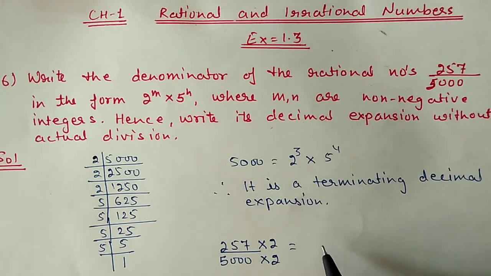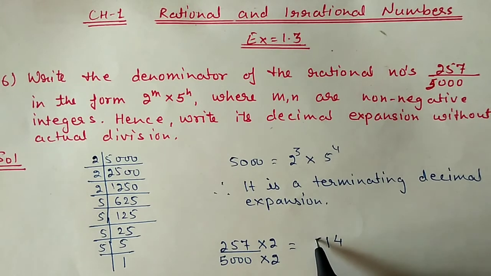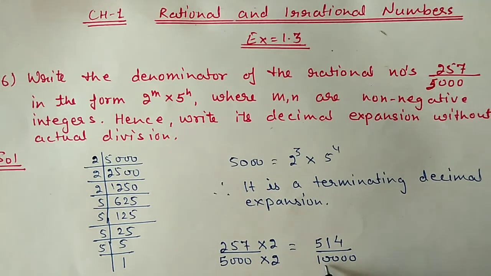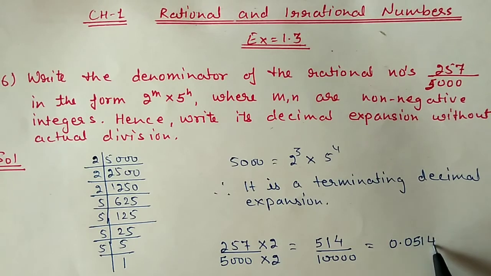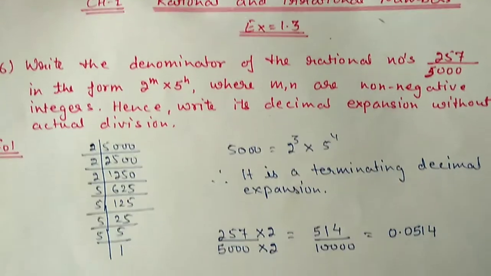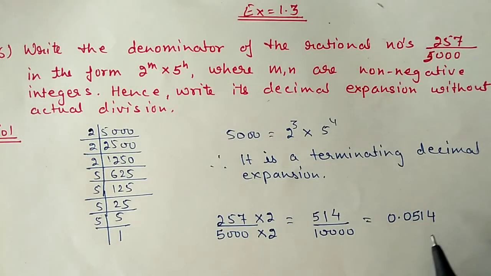So it will become 514 by 10,000. And when we are dividing by 10,000, it means 4 decimal places will come in the numerator. So it will become 0.0514. So without actual division, like this we can change it into decimal.